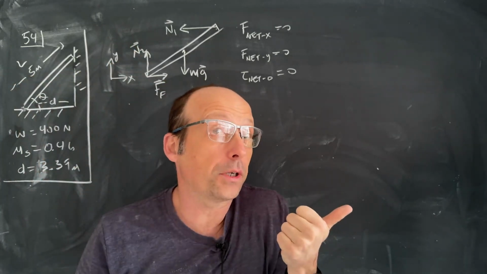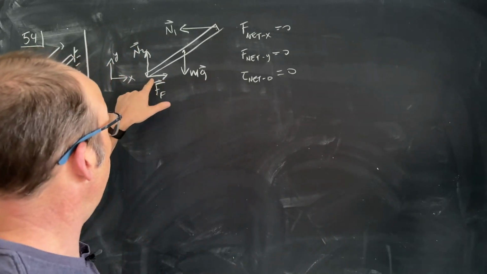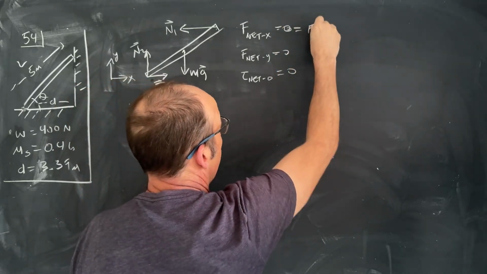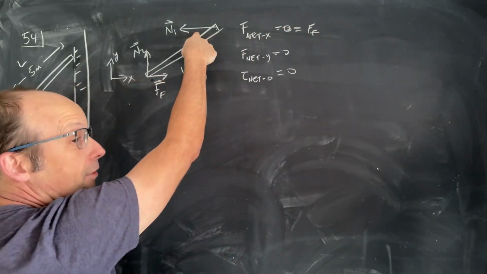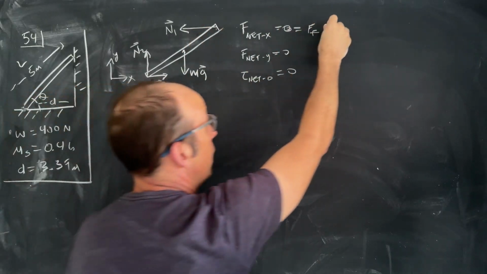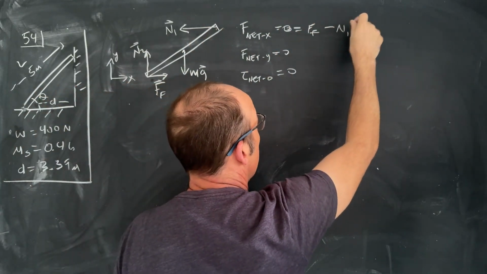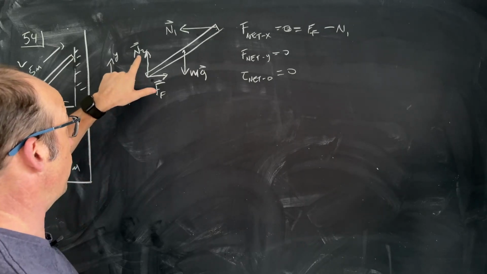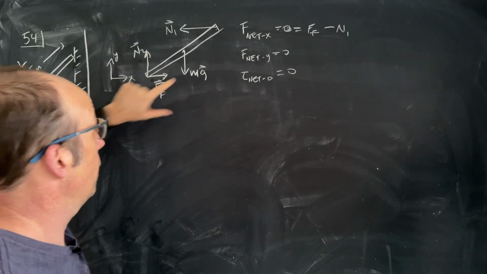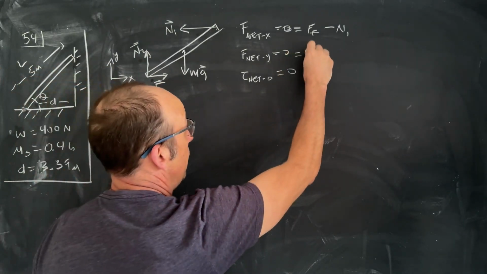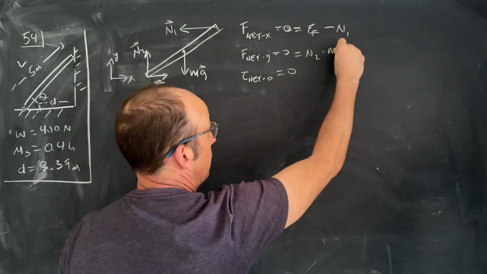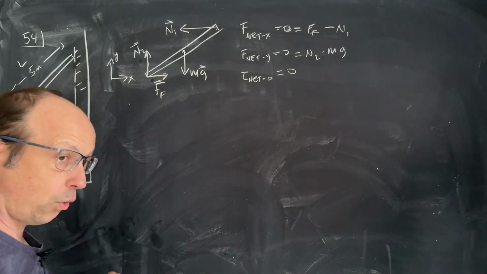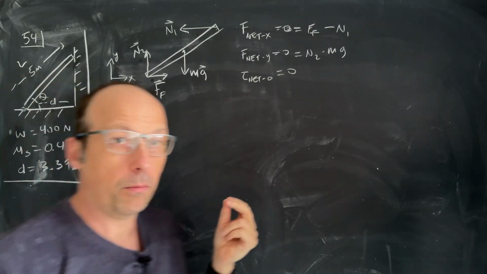So let's just do the forces in the x direction. I have friction in the positive x direction, F friction. And then I have this normal force N1 in the negative x direction. That's easy. In the y direction, it's also easy. You have the normal force N2 pushing up and gravity down. N2 minus mg.